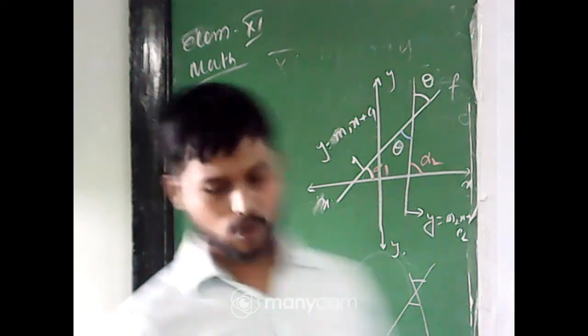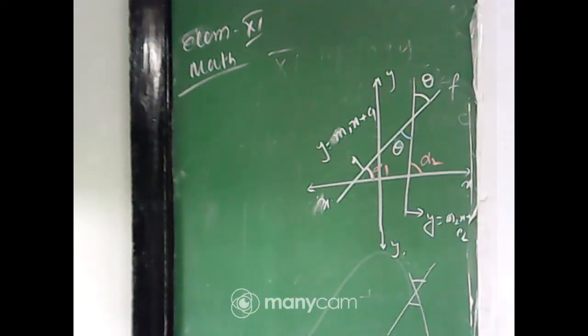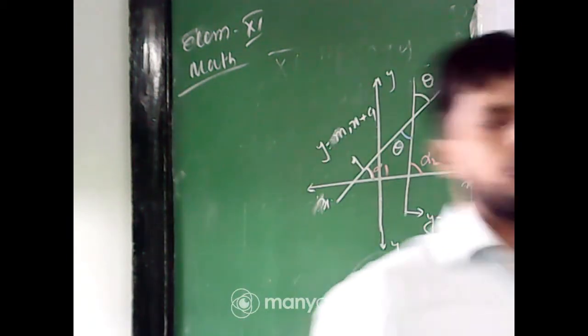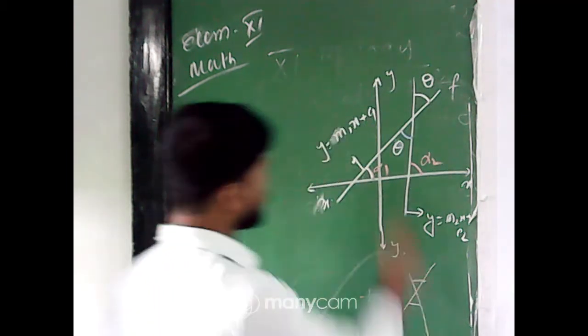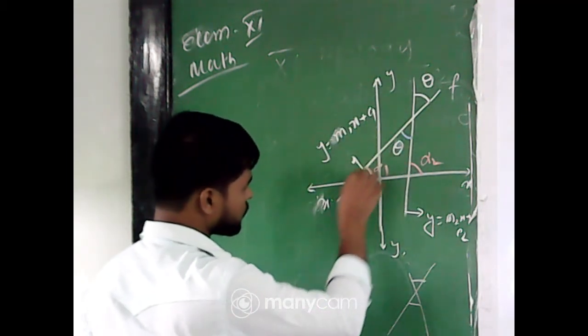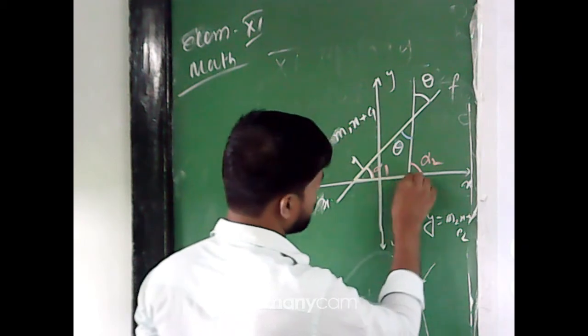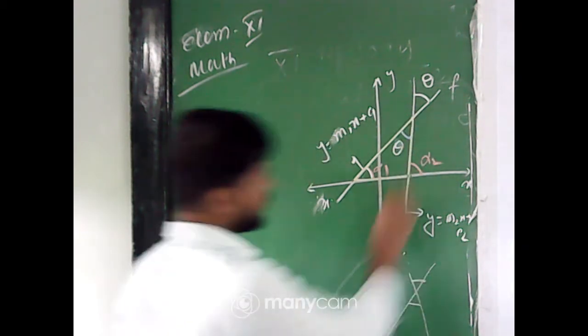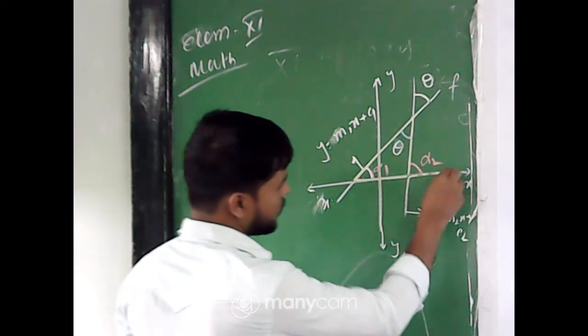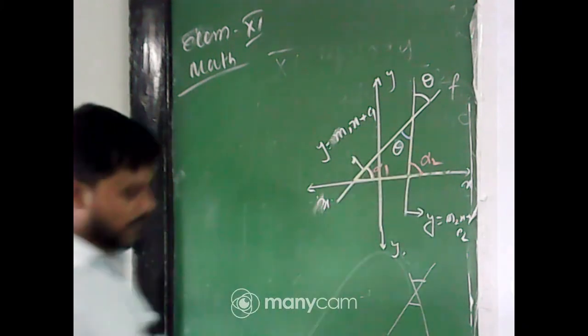Okay, now look, we know a property of a triangle that if we extend one side of a triangle, this is a triangle whose one side is extended here, and this is the exterior angle.